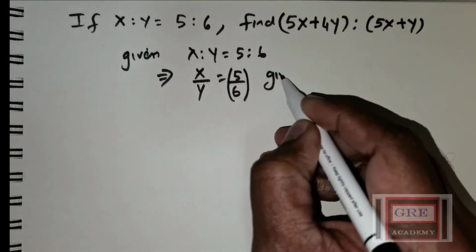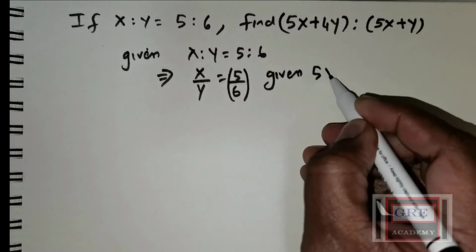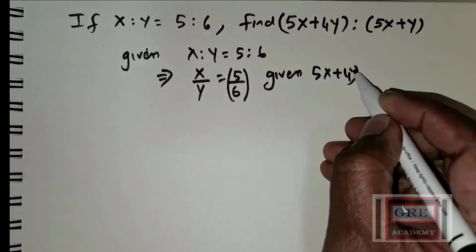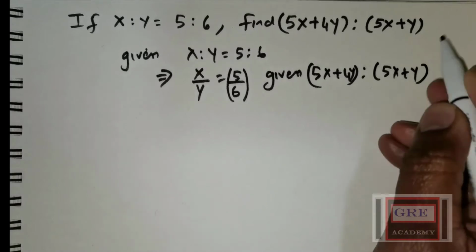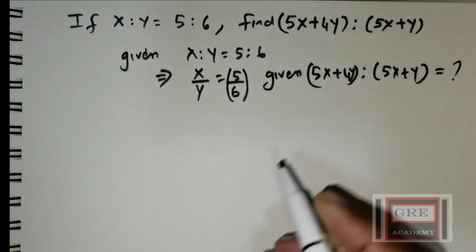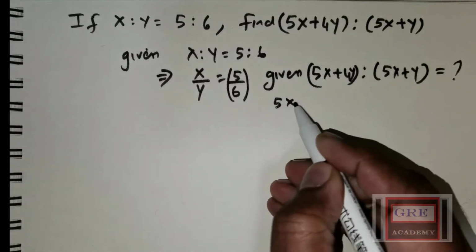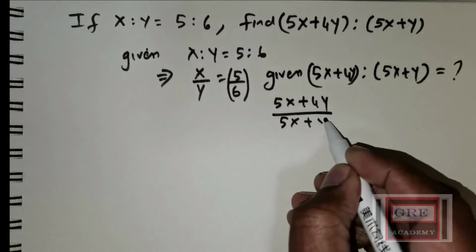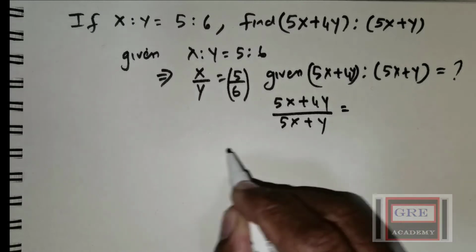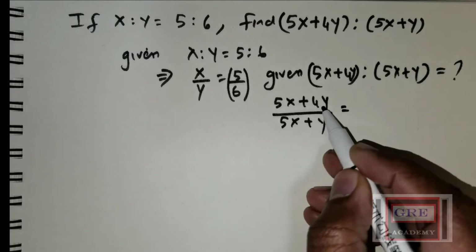Now we are given that (5x + 4y) is to (5x + y), so we are asked to find the value of this. I can rewrite this as (5x + 4y) divided by (5x + y). This in turn can be rewritten by taking y out.